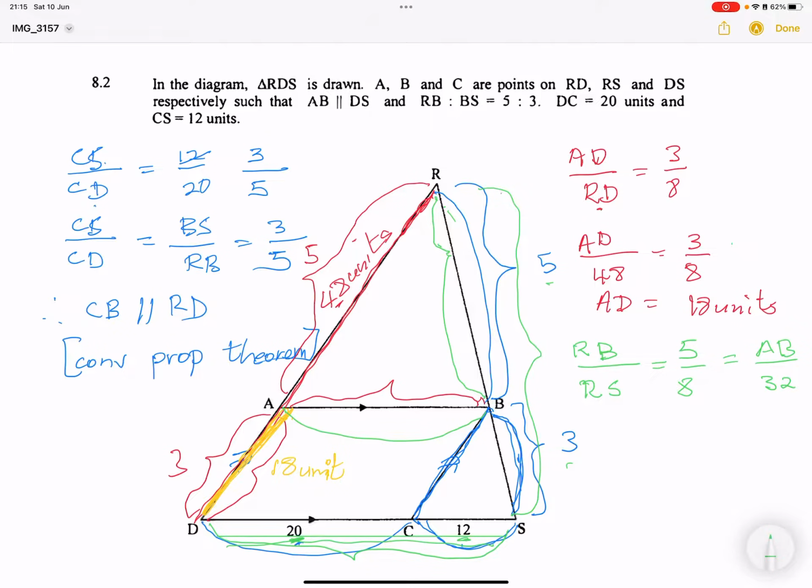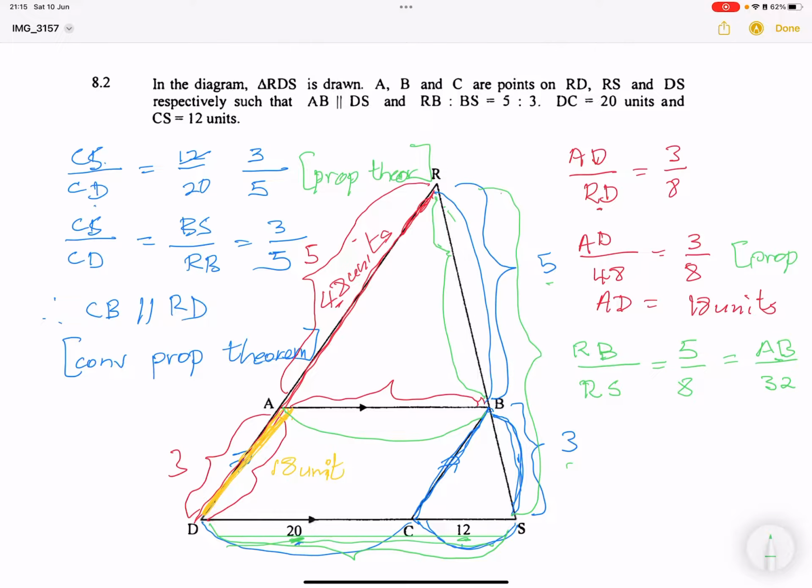We need to state there, this is the proportionality theorem. I forgot to write that there. But also here, that's the proportionality theorem. So in this case, what does that give us?